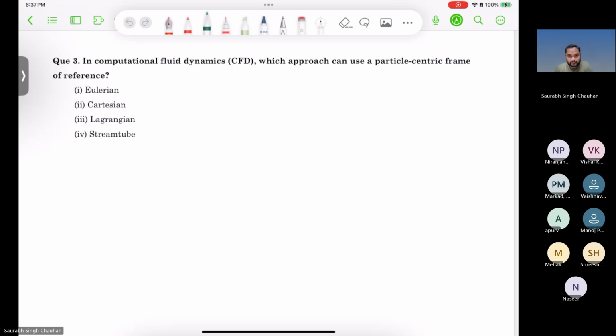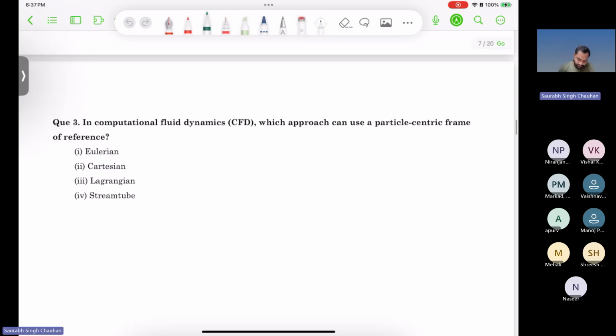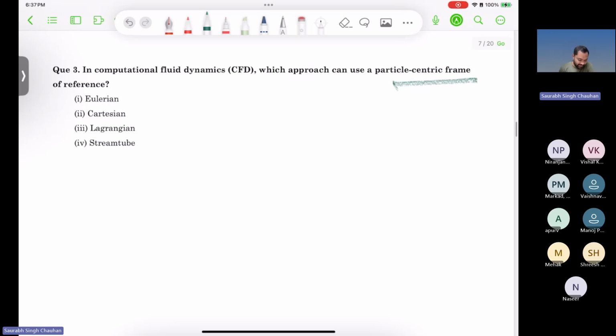So Lagrangian is your particle centric frame. Okay. And Eulerian, as you told, this is Cartesian, control volume.